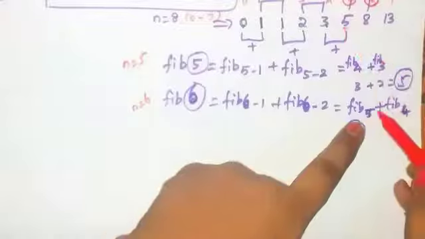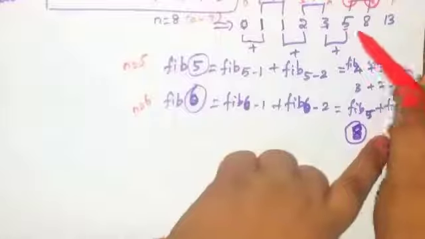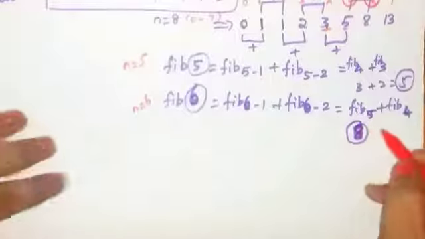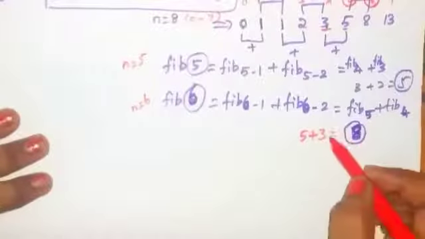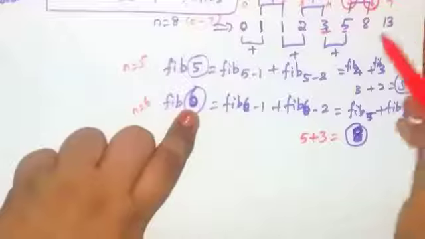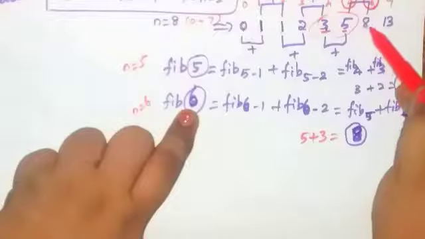This 5. Plus which element is stored in the index position 4? This is 3. So 5 plus 3 is equal to 8. So for the 6th index position, we have to calculate the previous two elements, 3 plus 5, that is 8.